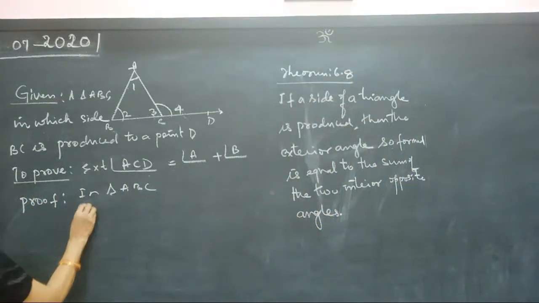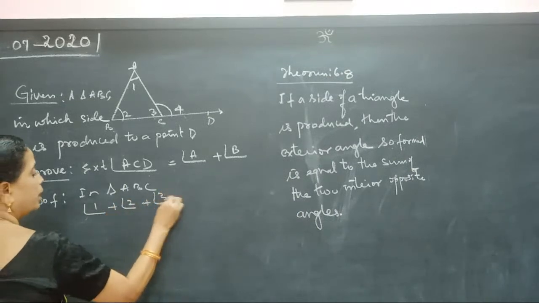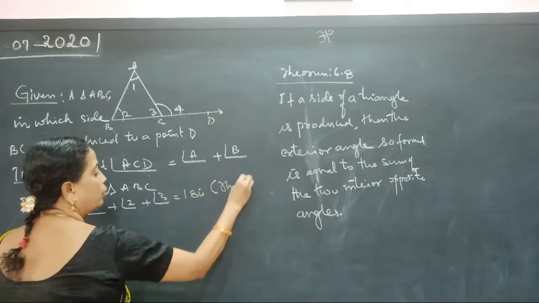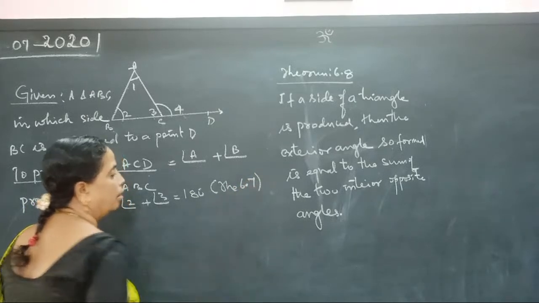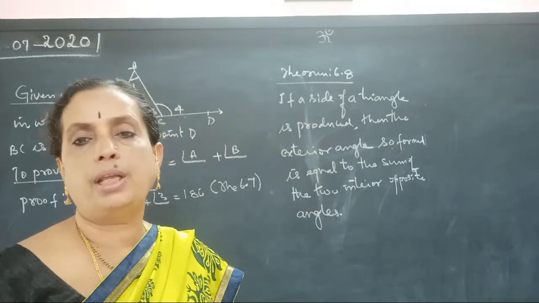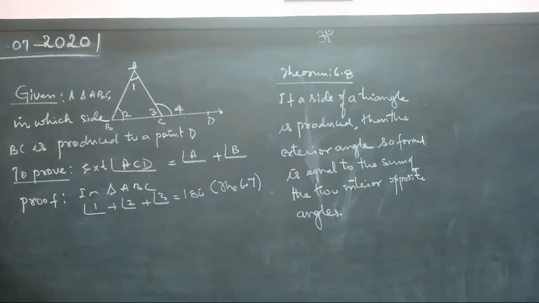In triangle ABC, 1 plus 2 plus 3 equals 180. This is according to theorem 6.7. According to theorem 6.7, sum of the three angles of a triangle is 180 degree.